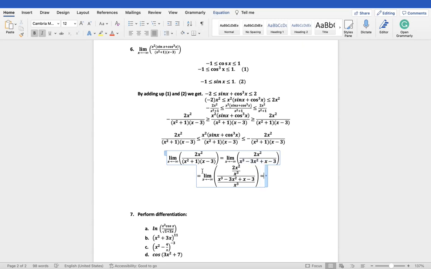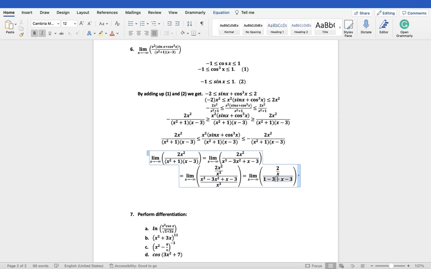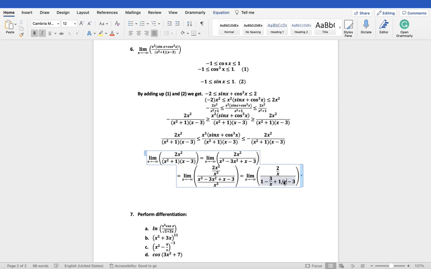Now, when you simplify this, in the numerator you should have 2 divided by x. In the denominator, you should have 1 minus 3 divided by x, plus 1 divided by x squared, minus 3 divided by x cubed.